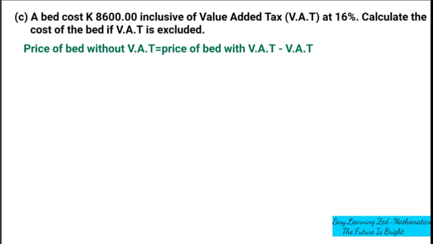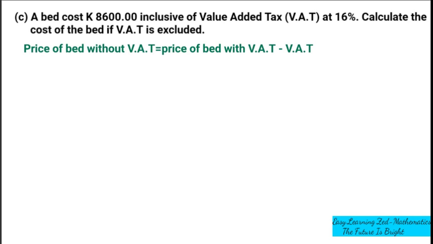Now we are told that VAT was charged at 16%. So we're going to use the formula which is down here: the price of bed without VAT is equal to price of bed with VAT minus VAT. We are told that the price of bed with VAT is 8,600 kwacha.